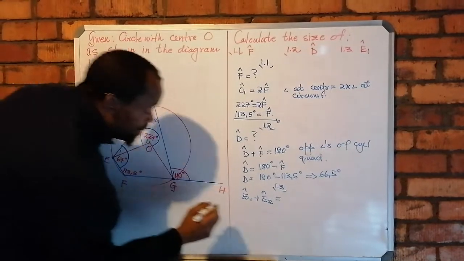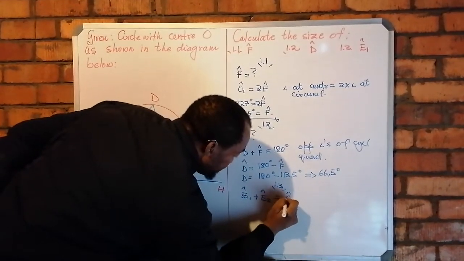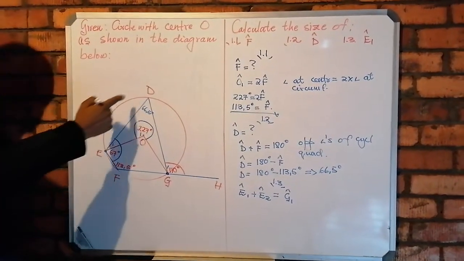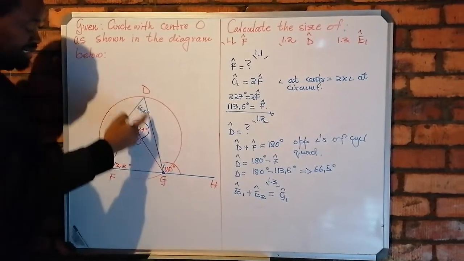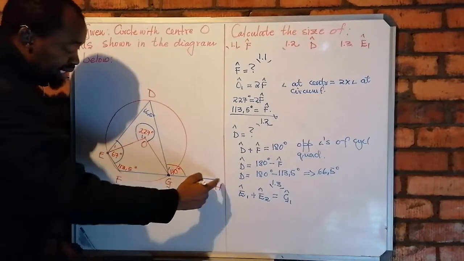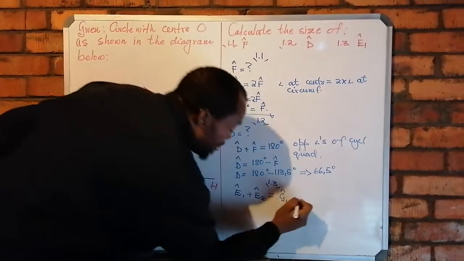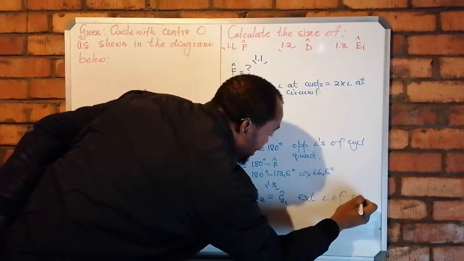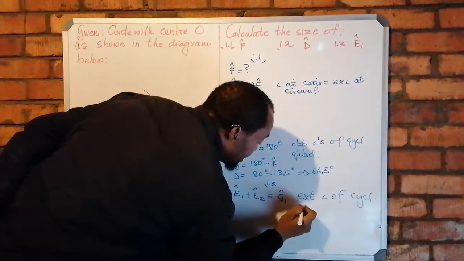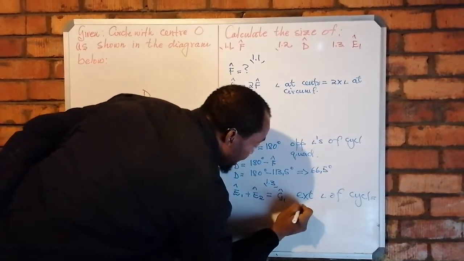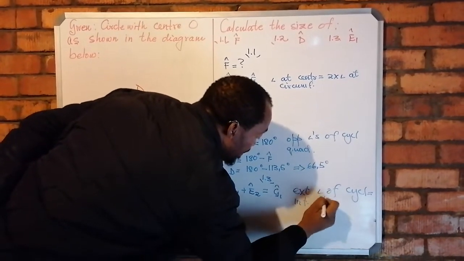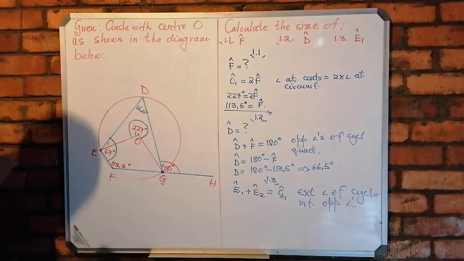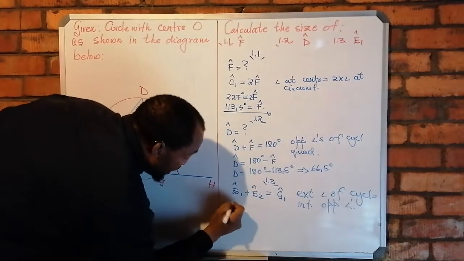There's G1 there. How do I know that? I have got the cyclic quadrilateral with this line produced to that point. Therefore, this means that the exterior angle of a cyclic quad is equal to the interior opposite angle.